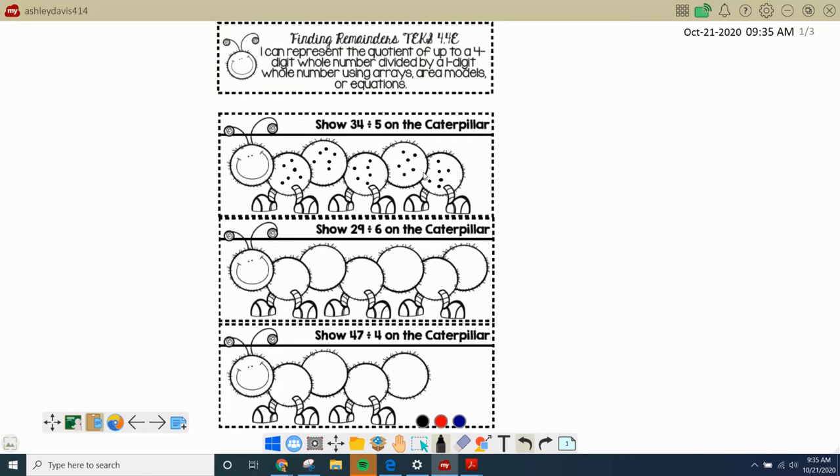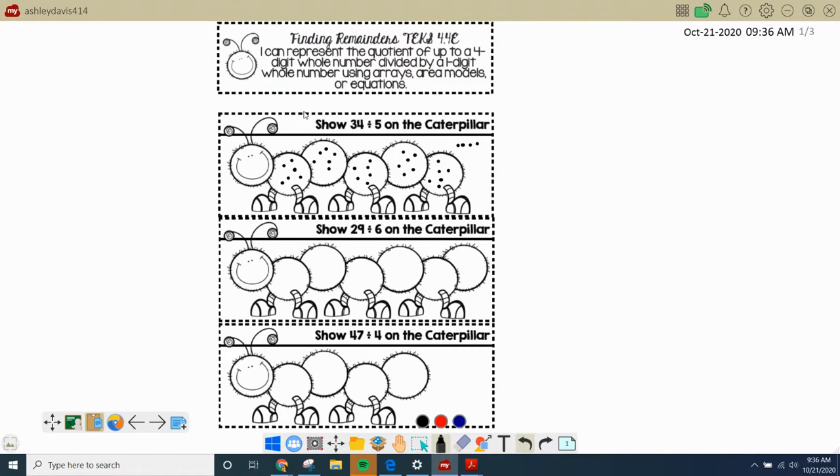In order to be divided evenly, each part of the caterpillar has to have the same amount in it. If I were to put 1, 2, 3, 4 more, I wouldn't have any more to put in this last group, so they would not be even. So I take the 4 I have left over and put it out here to the side. 1, 2, 3, 4, and that's my remainder.